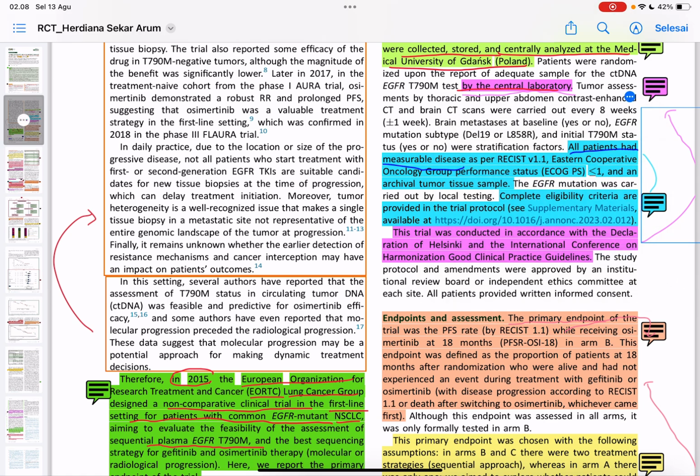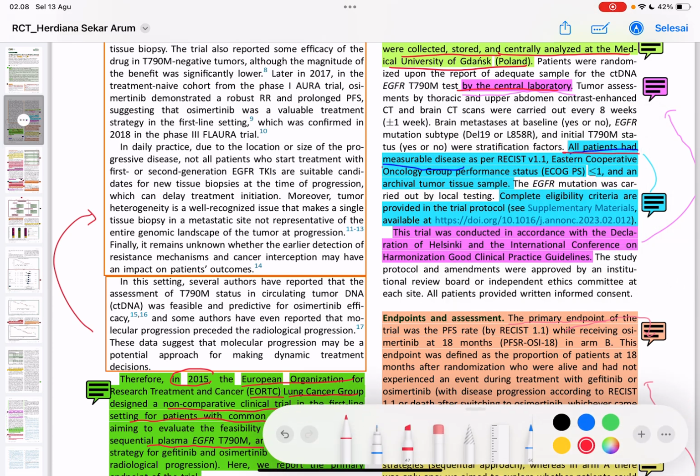Because in here, all patients had measurable disease as per RECIST and Eastern Cooperative Oncology Group performance status. And in here, there is a website to open.